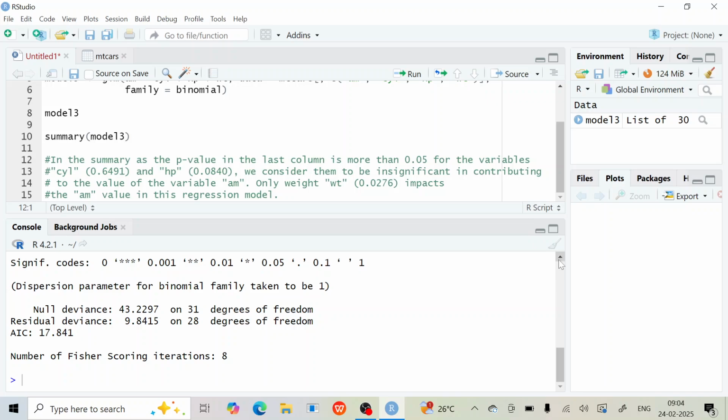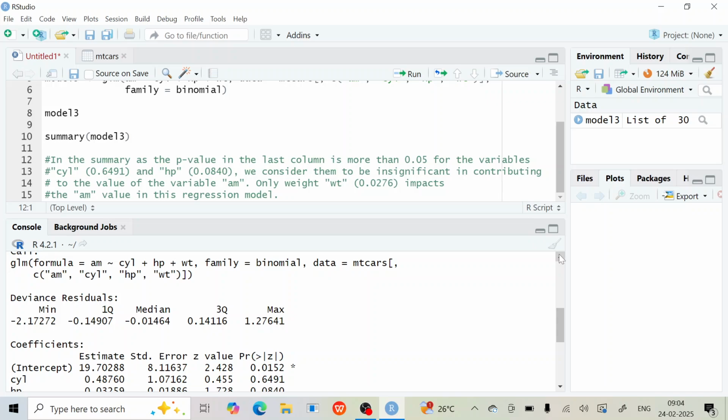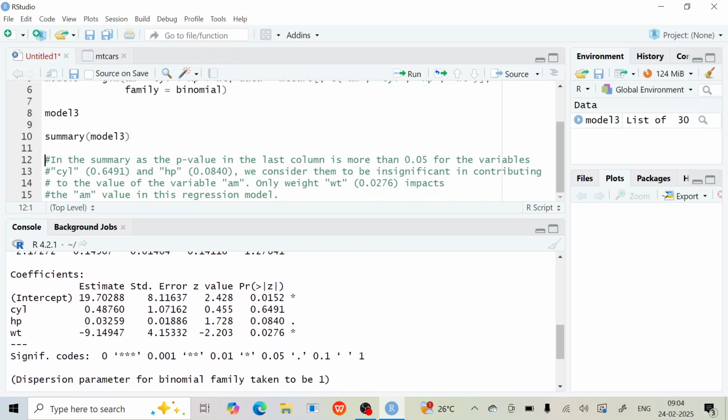Let me see the summary of this model using the function summary. This shows the summary of the model, and the one which is marked with a star is the p-value.